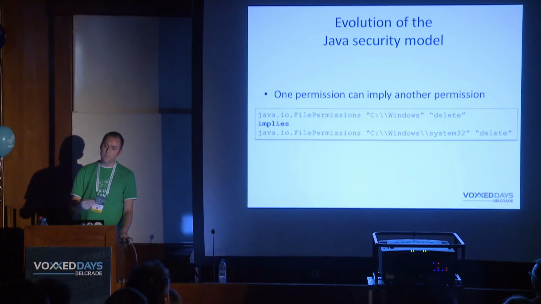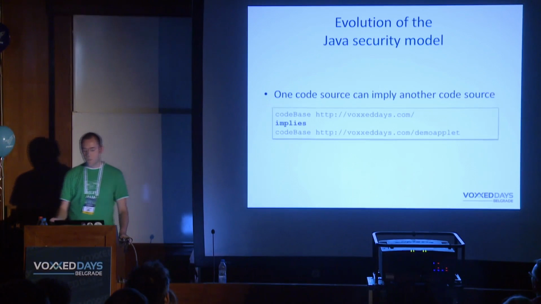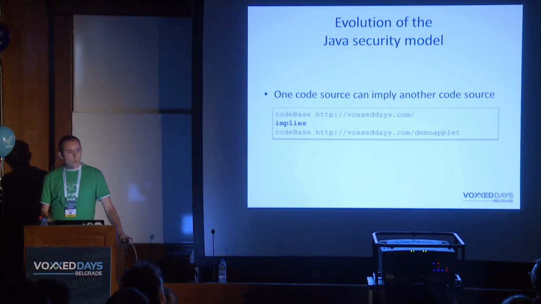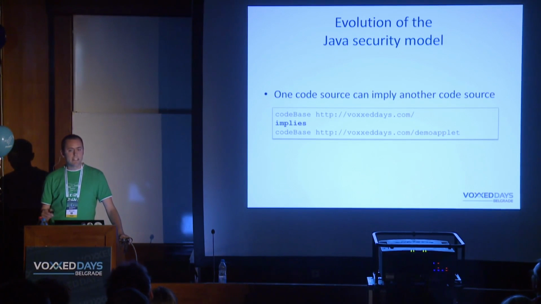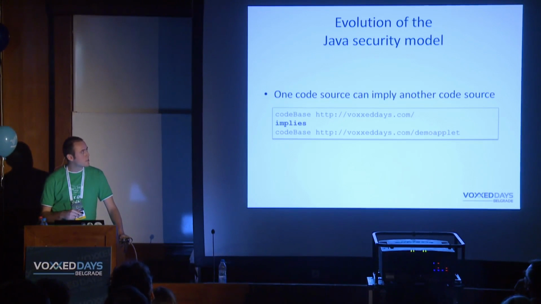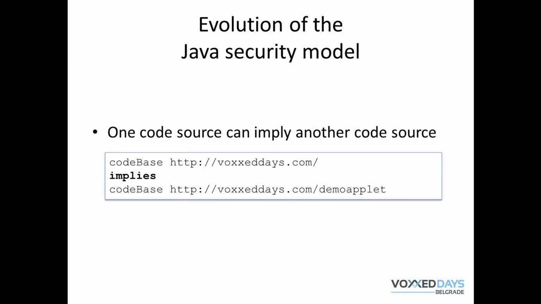So one permission can imply another permission. Another thing is that one location of our applets can imply another location. So if I load an applet from voxdays.com, this means that I set permissions also for all applets that are being loaded from voxdays.com/demoapplet or /whatever you can think of.